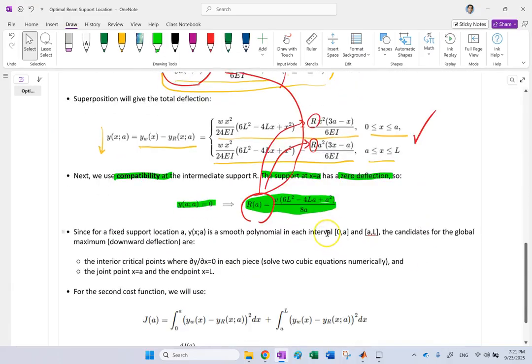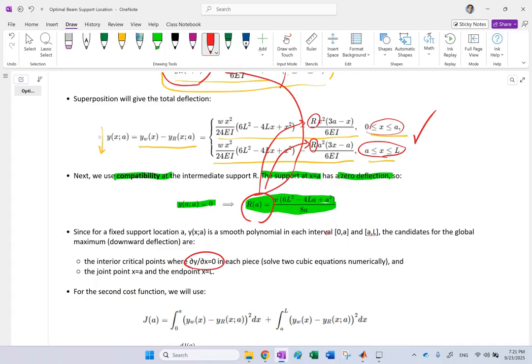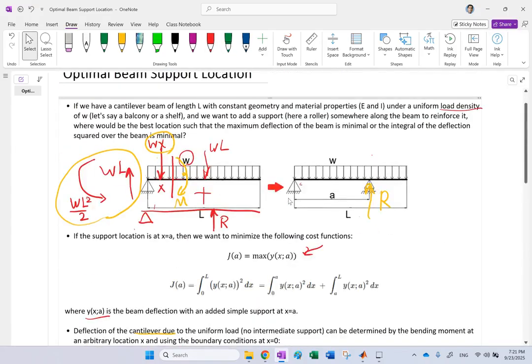Now clearly this is a piecewise function, so I have to look into the maximum over the first range and the maximum over the second range. So what I need to do is to take the partial of y with respect to x for both the range between 0 and a and between a and l, and because the function is continuous in each range, it's just a fourth order polynomial, and there are 2 points that also need to be considered.